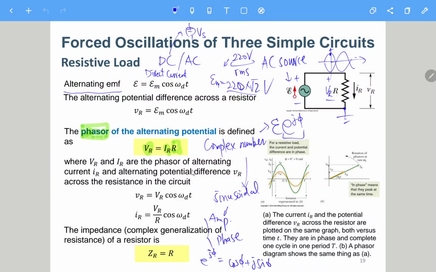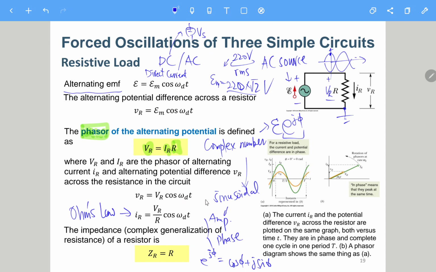Here the idea is, as much as we have VR, we also have IR. IR should be VR over R cosine of omega t. This is nothing but Ohm's law. In some sense, VR is this capital VR, and the phase is 0.